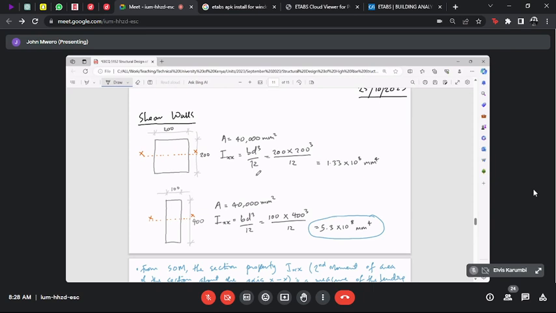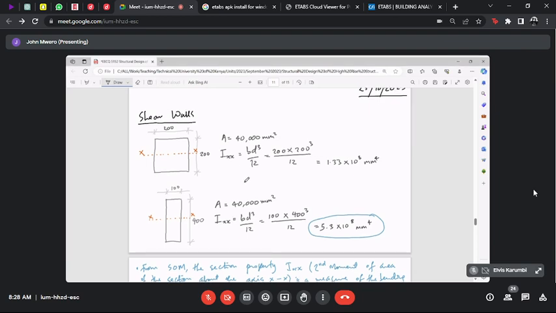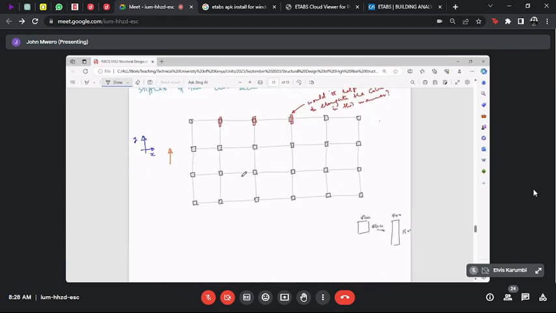Now, even before one introduced walls into this building, just by orienting rectangular columns in a particular direction where we need the stiffness, we can significantly stiffen the building and consequently reduce the amount of deflection of the building in that direction.